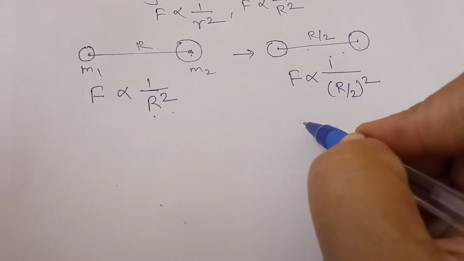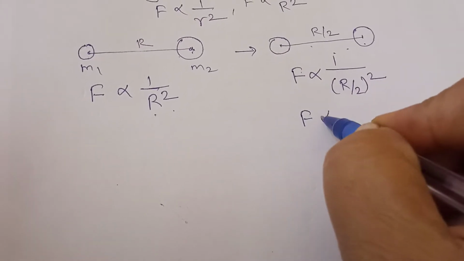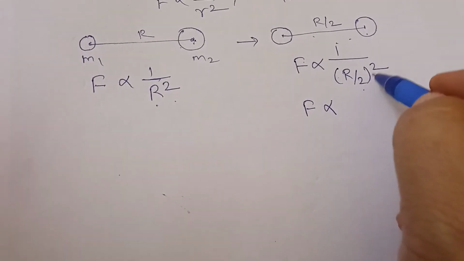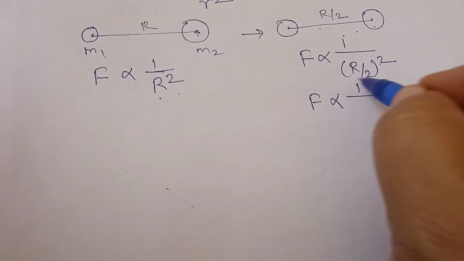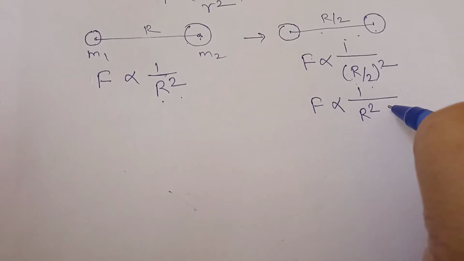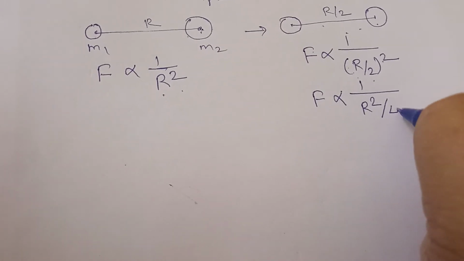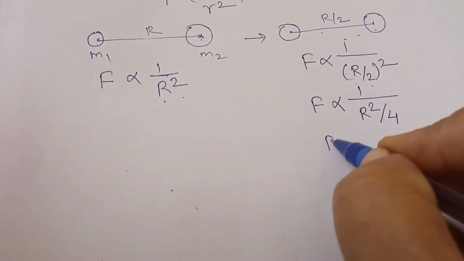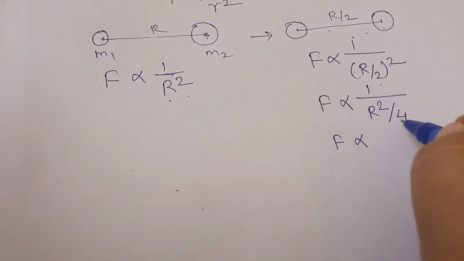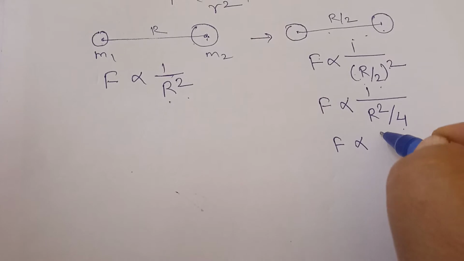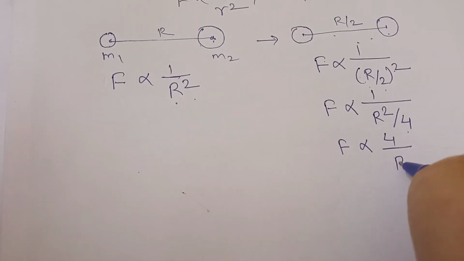See what will be the value. F is directly proportional to 1 upon r upon 2 bracket square. That is 1 upon r square divided by 2 square, and 2 square is 4. That is, F is directly proportional to 4 upon r square.